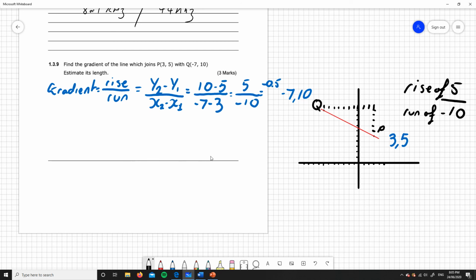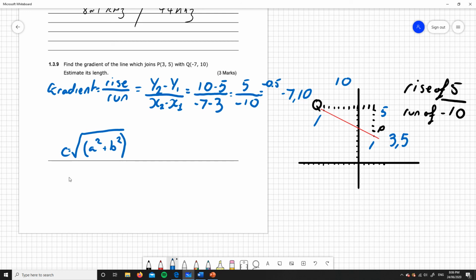Our next step is to estimate the length of this line. Using Pythagoras' theorem, if I say that this has a length of 10 and this has a length of 5, so C equals the square root of a squared plus b squared.